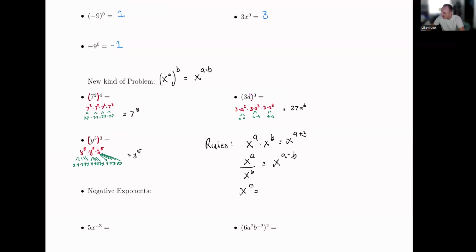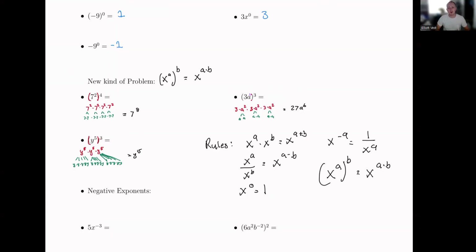X to the 0 is equal to 1, and x to the negative a power is equal to 1 over x to the a. Oh, and lastly, x to the a to the b power is x to the a times b. Those are all the rules we covered in this video.